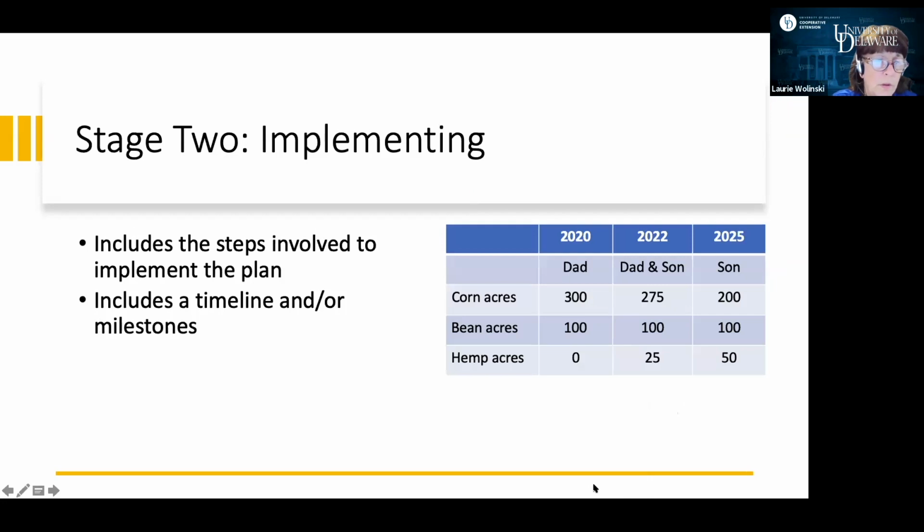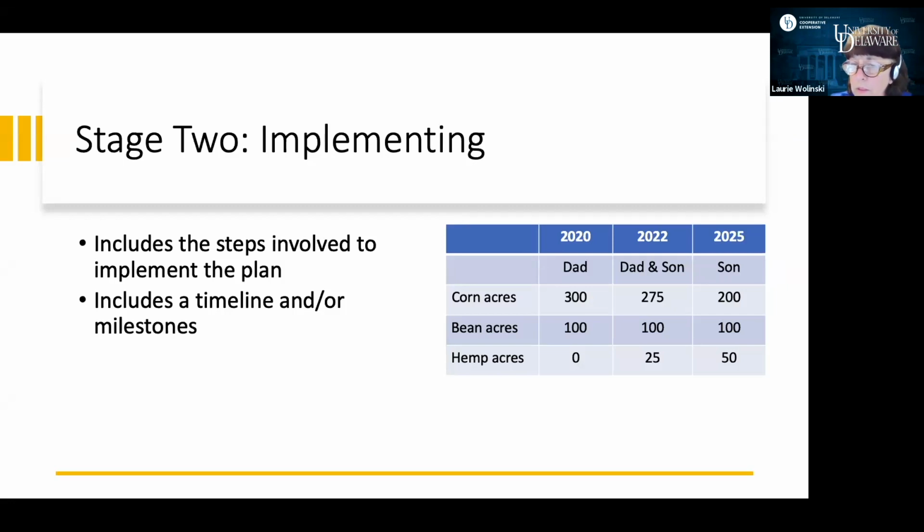So when you're implementing the plan, you're going to want to include some timelines. So as you're developing it, you include timelines for implementing. In this example, in this chart on the right, in 2020, Dad is growing 300 acres of corn, 100 acres of beans, and 0 hemp.